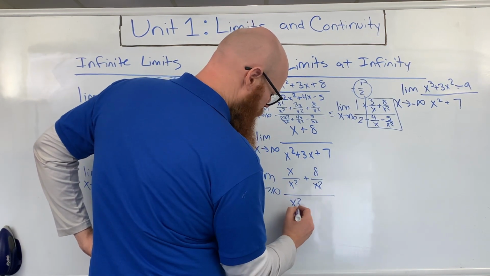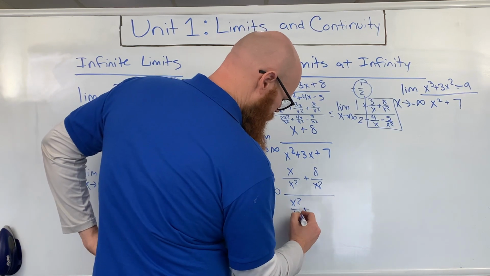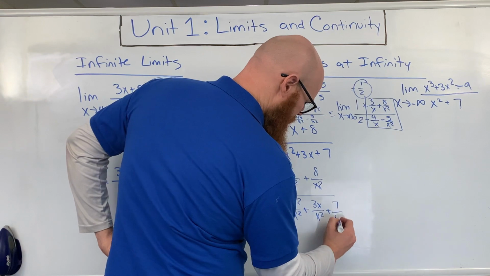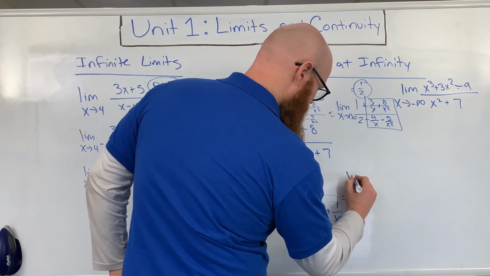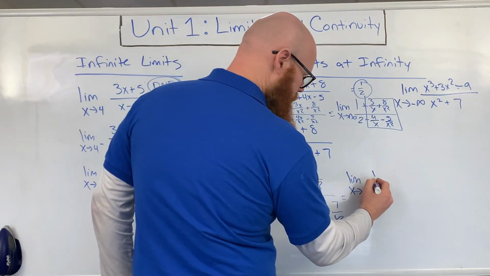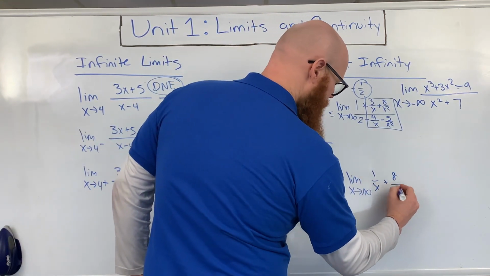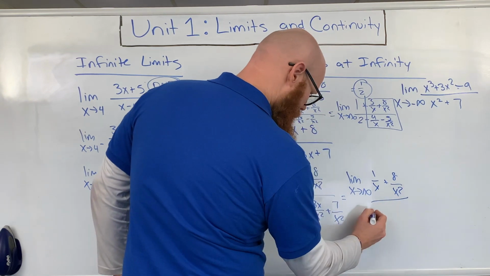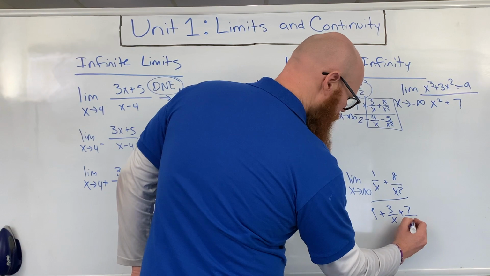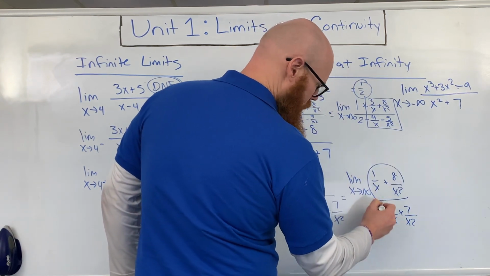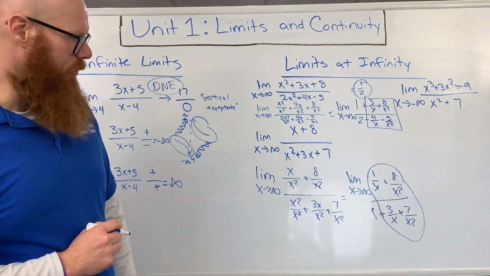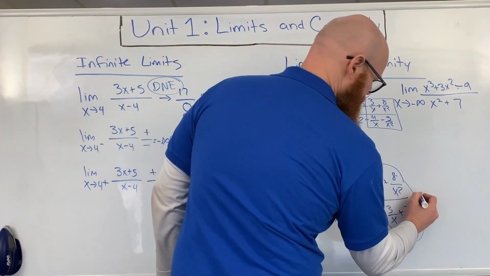This one is x squared over x squared plus 3x over x squared plus 7 over x squared. So we end up getting the limit as x goes to infinity of 1 over x plus 8 over x squared, over 1 plus 3 over x plus 7 over x squared. All these limits go to 0, so we're going to have 0 over 1, which is just 0.